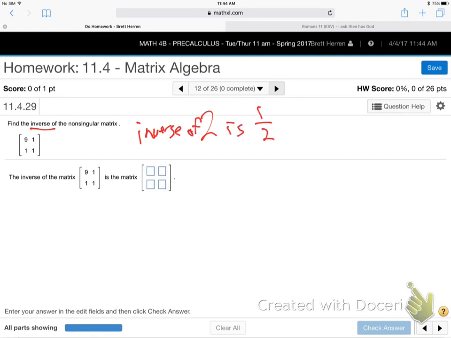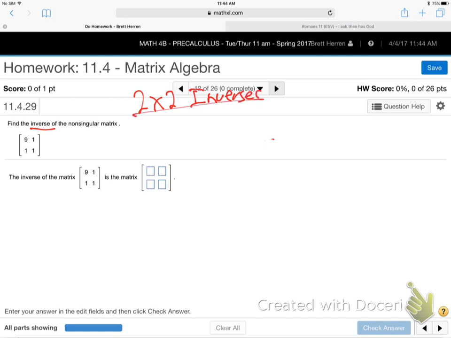You just flip it. So that's the inverse in the real number system. Well, how do you do the inverse of a whole matrix? Well, I'm going to give you the rules, and a way easier way to do it than they normally do it. So for 2 by 2 inverses, here are the steps.